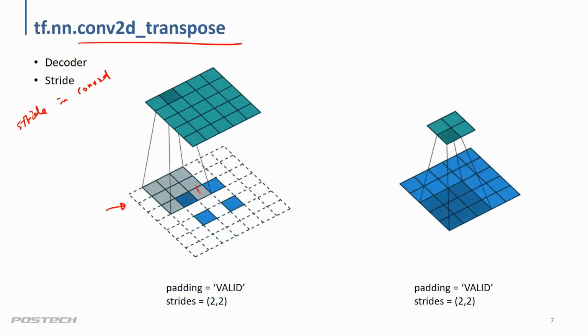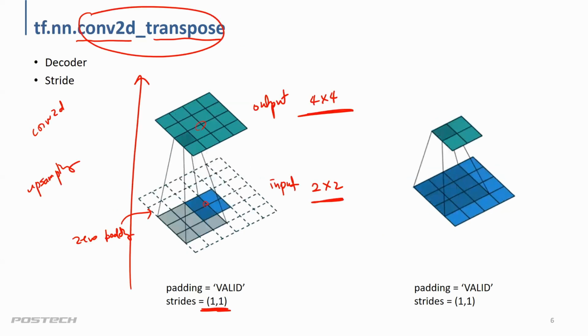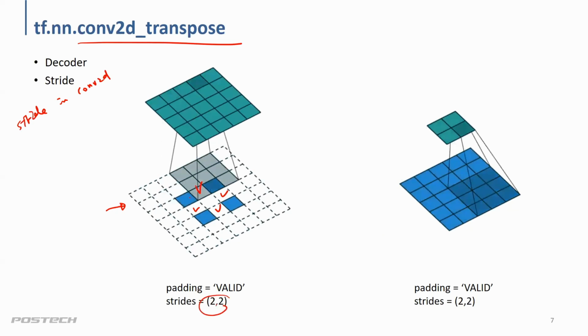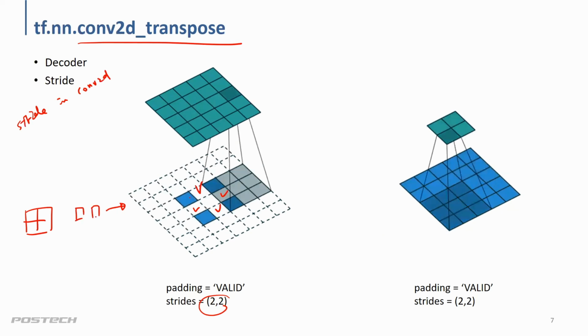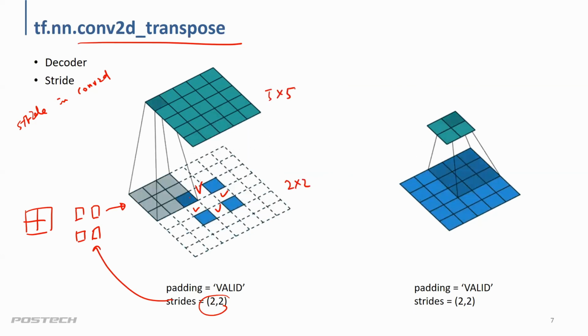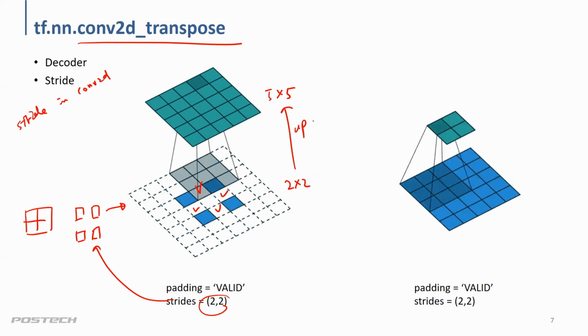Over there, these are the definition of a stride. As you can see, the original image was 2 by 2, and it's kind of split. Given an image like that, I split it and do convolutions. Then the input size is 2 by 2, the output size is 5 by 5, and what we eventually get is upsampled.